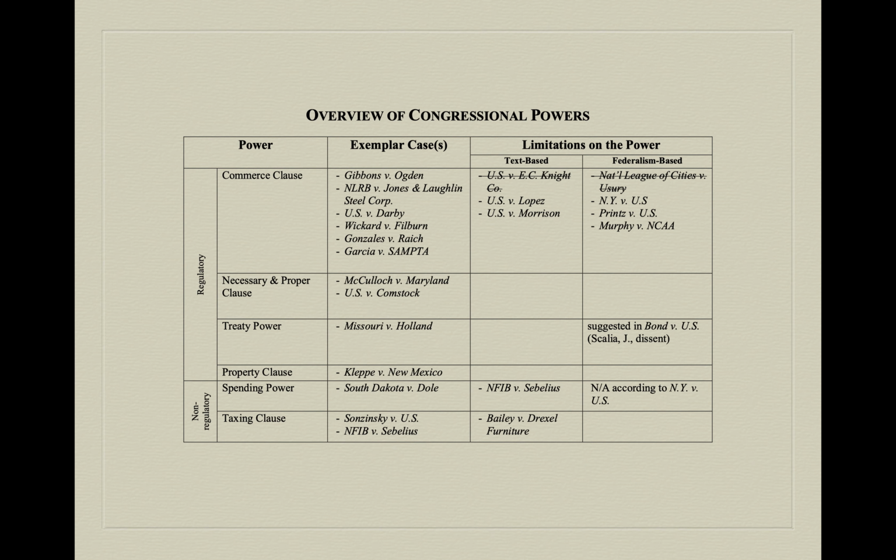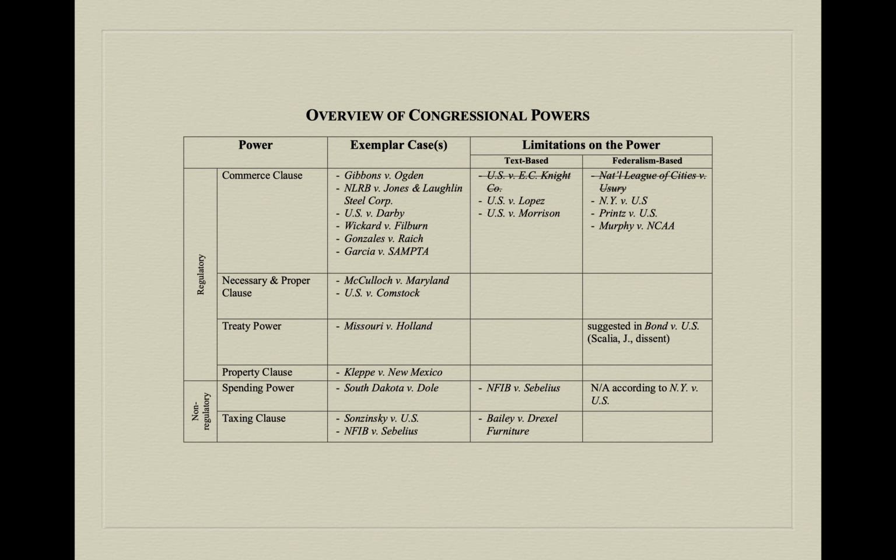Then in the third column, which is subdivided into two columns, but if you look at it as one column, it's headed limitations on the powers. So those would be cases where the court has found that although Congress attempted to use the power listed in the first column, it was invalid. It was an unconstitutional use of that power. So why the subdivision?